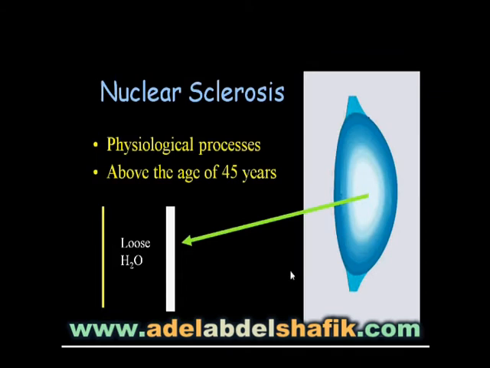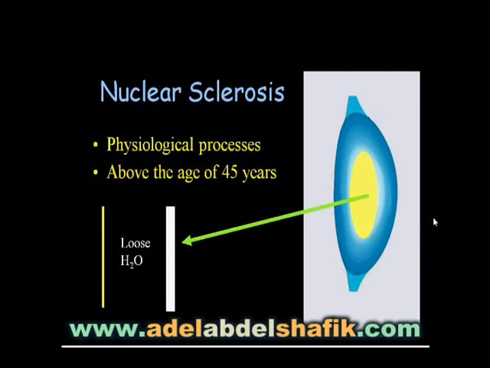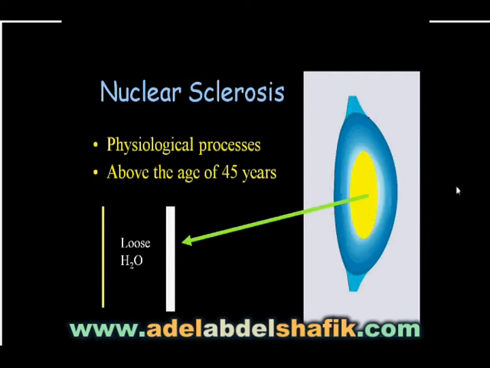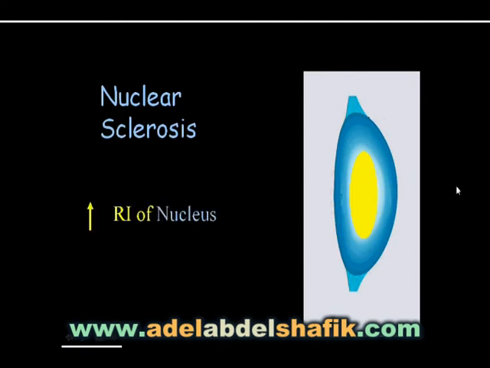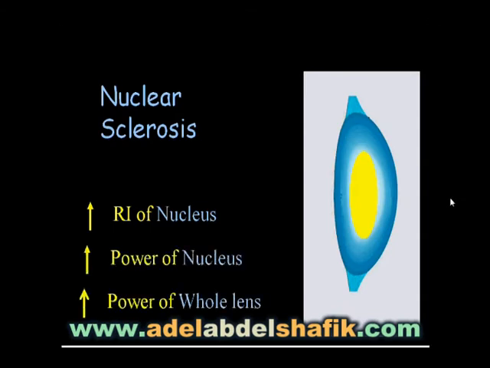Change in the water content will change the refractive index of the nucleus. So the refractive index of the nucleus will be more. This will result in increase of the power of the nucleus, which is the positive part of the lens, and this will result in increase of the total power of the lens, so the whole eye will be stronger than average.